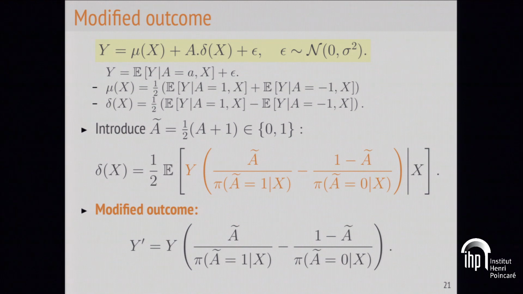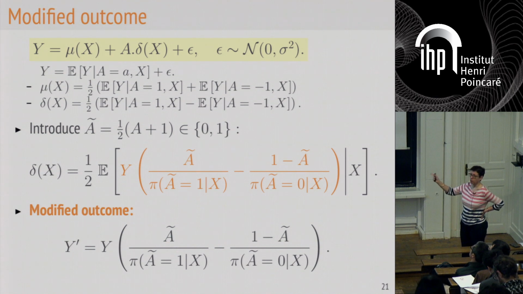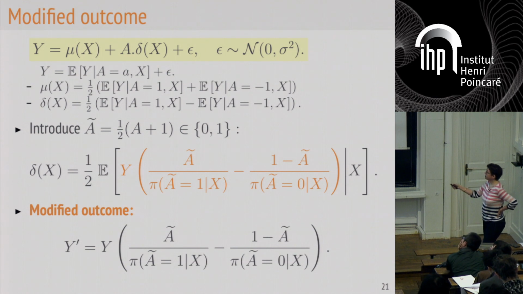If you stare at it long enough, you will see that mu and delta have to have those expressions. So first we realized we had to do a slight modification compared to them for everything to work out. We had to modify our a. So a was encoded in -1, 1. We had to encode it in 0, 1. So this is all what this is doing. And then we arrived at this expression, and our modified outcome is this big thing.